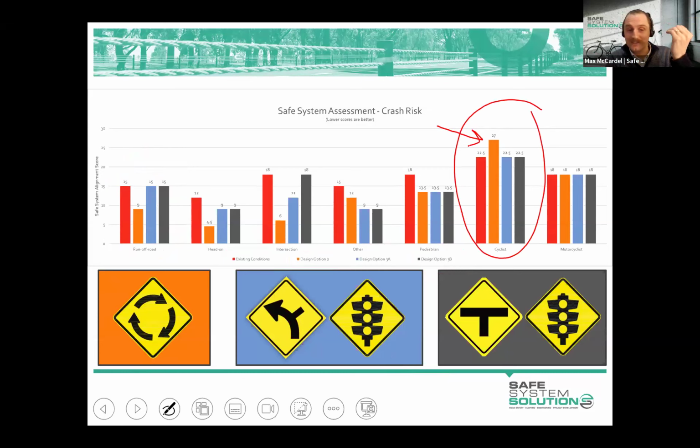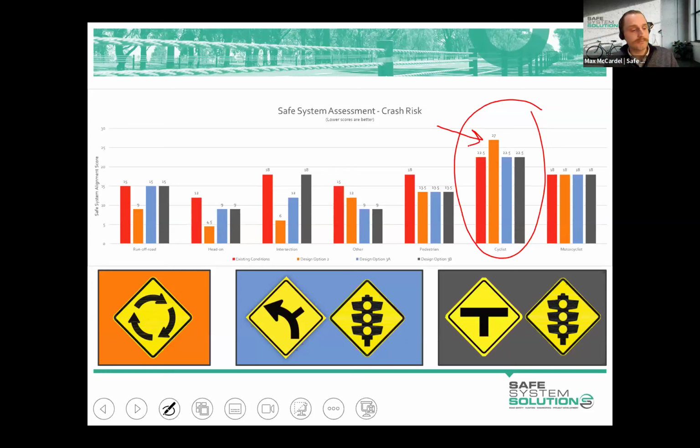In other words, the proposed design of the roundabout is making things less safe for cyclists. And that actually kind of ties in well with general principles of roundabouts. We know that unless the roundabout has been designed with cyclist safety in mind, it's generally going to be a poorer outcome for bike riders. So that's an example where we're actually seeing that raised level of risk.